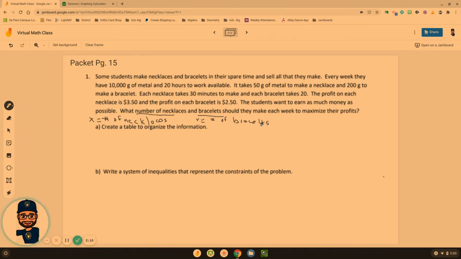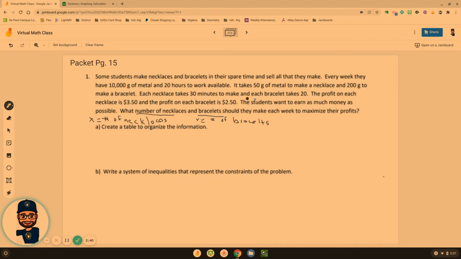Okay, and from that, it's been helpful to try and come up with a table that'll lead you to understanding how to write these inequalities. And when we're writing the inequalities, we're trying to figure out the constraints to this problem. We know that it takes 50 grams of metal to make the necklace, 200 grams to make a bracelet.